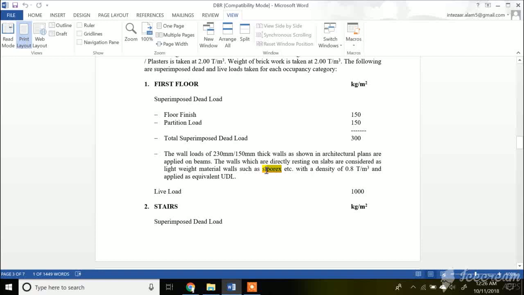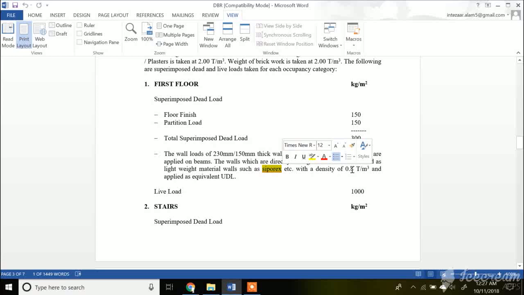In case you want your design to be very heavy, you just take the weight of brick, because the density of brick is more. This DBR is from an actual executed project, so we used AAC block to optimize the design, because the dead load based on this will be very less.